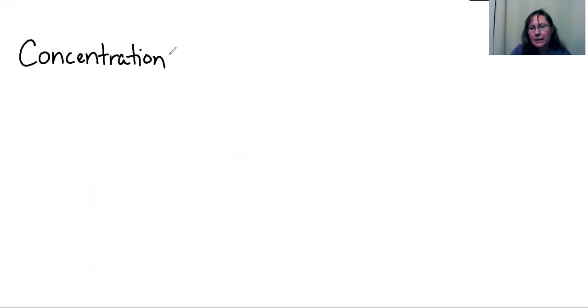Concentration basically is how much of your solute you have dissolved inside your solvent. There are actually quite a few ways to describe concentration. You'll learn more of them in Chem 2, but in this class we're going to focus on molarity.